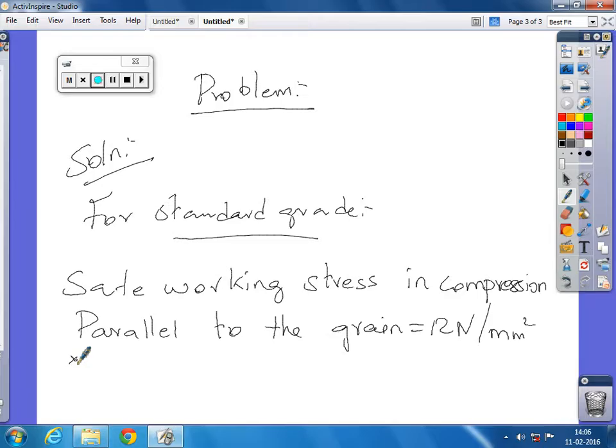And the same way, the safe working stress, note on the next one. What is the next one given in the question? Safe working stress in compression perpendicular to the grain, right?